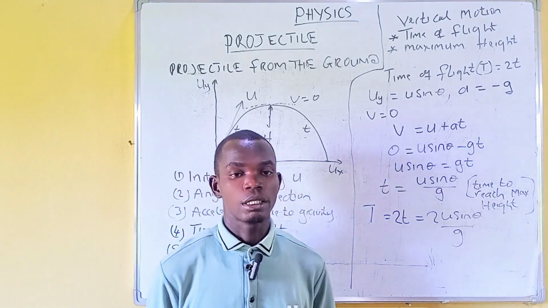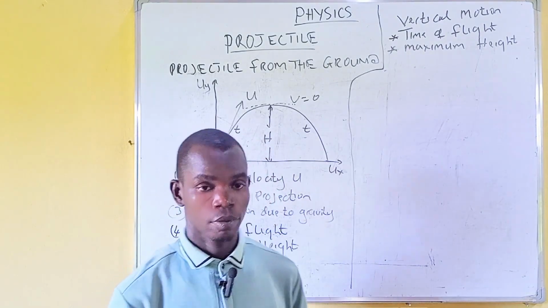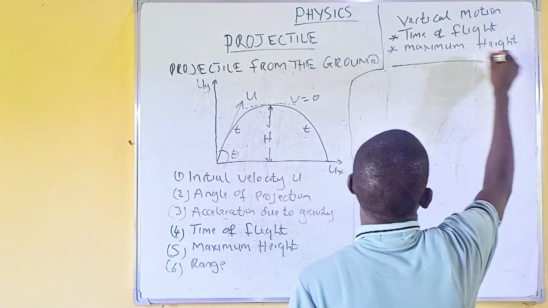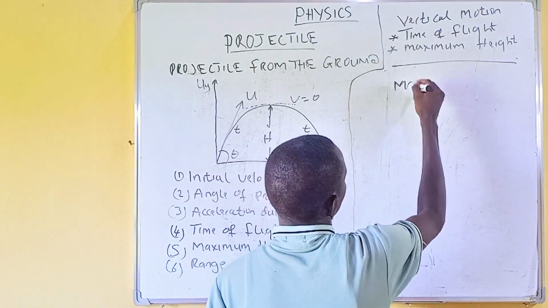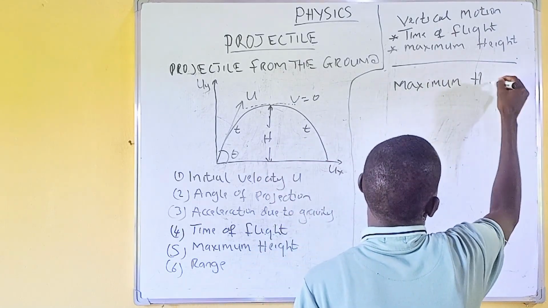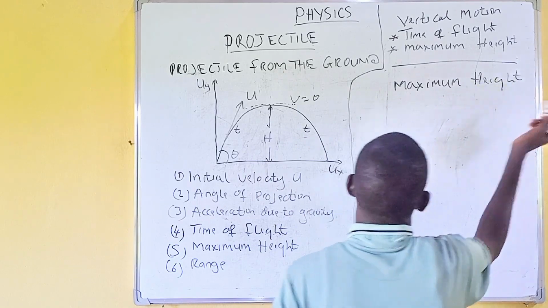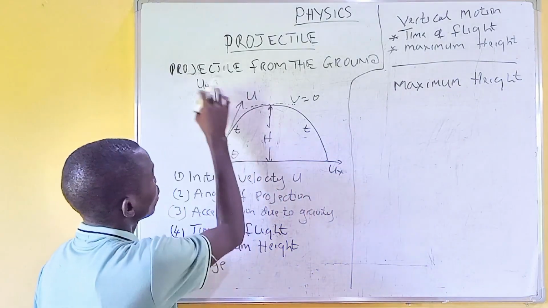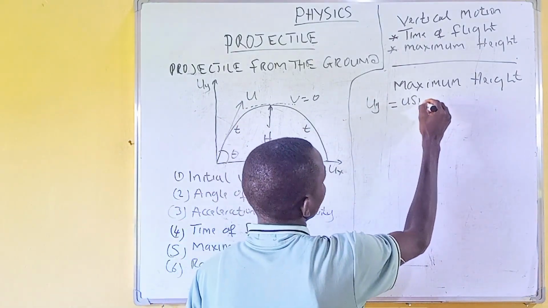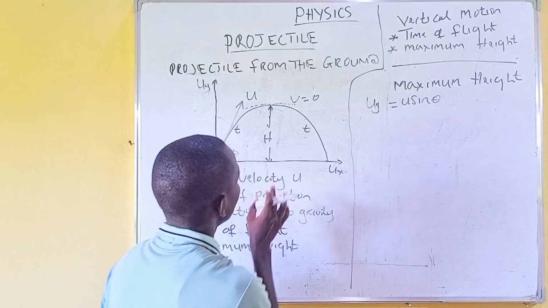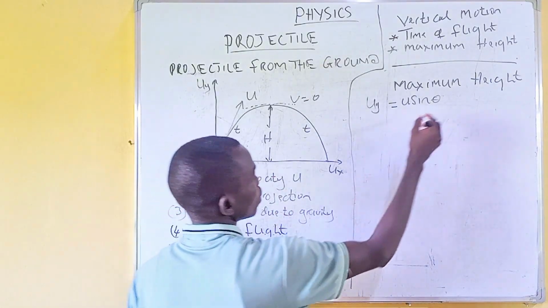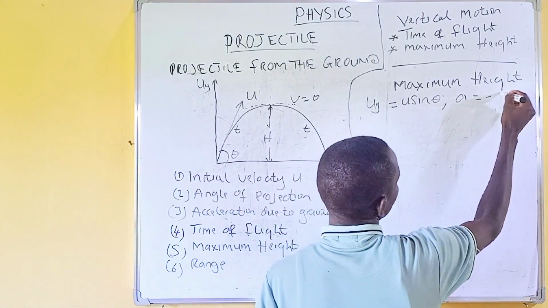Let's look at the maximum height. For us to consider the maximum height, we said that the vertical component uy is equal to u sine theta. And acceleration due to gravity, since it is moving upward, is equal to negative g.